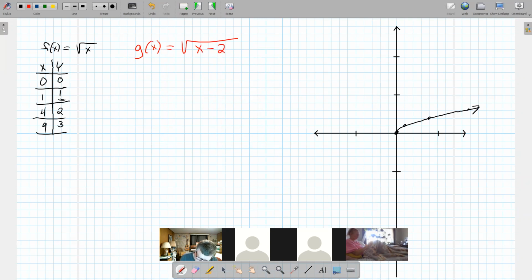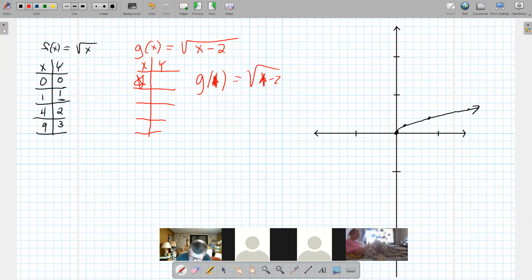Yeah. Think about what happens. Let's just say that right here I have star. g of star is going to equal star minus 2, right?